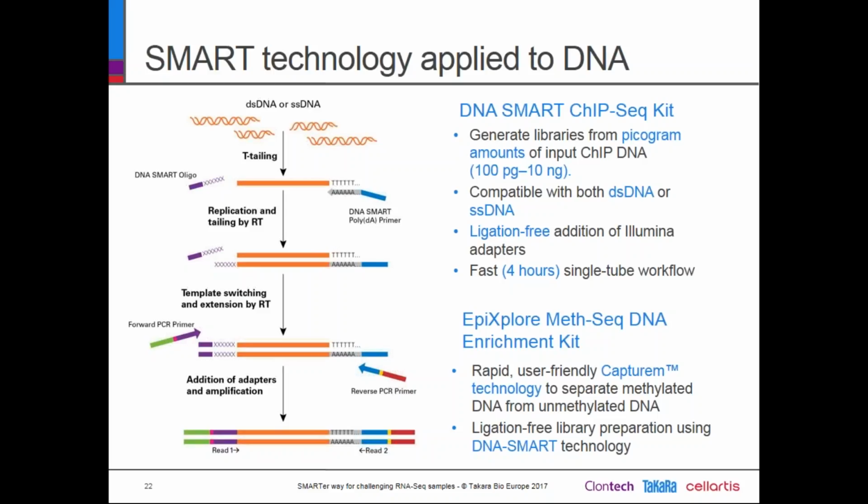So 100 picograms is the minimum input amount for this kit, which makes it very well suited for this application. It doesn't matter if you are starting with double-stranded DNA or single-stranded DNA. You will have the ligation-free addition of Illumina adapters in only 4 hours, so this is very fast.